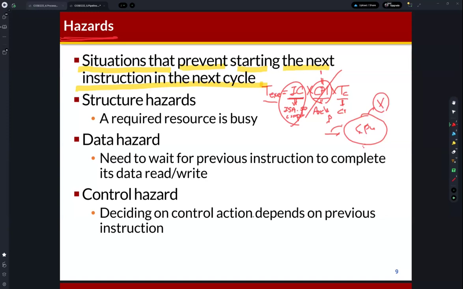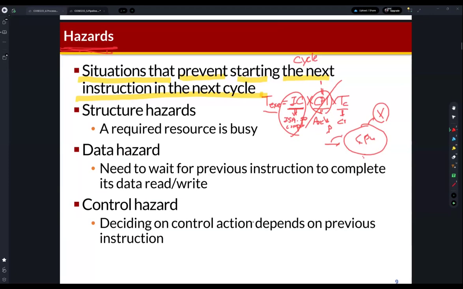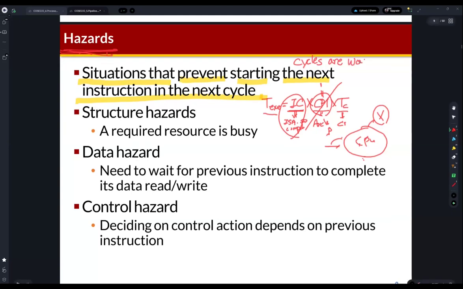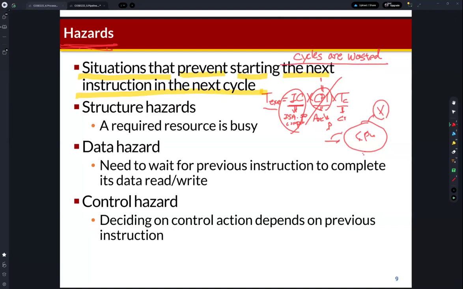Sometimes the CPU cannot receive the next instruction in the next cycle, and this situation is called a hazard. So a hazard represents the situation where clock cycles are wasted.